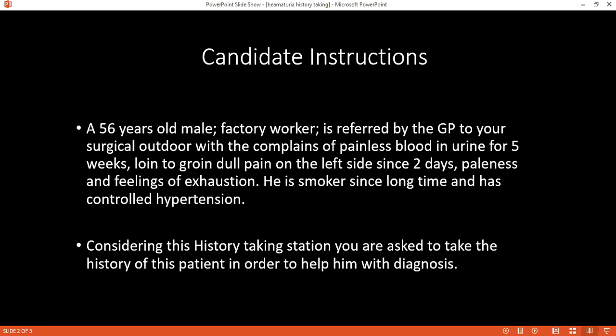Is there any unintentional weight loss you have noticed? Yes, I noticed that I've been losing weight, doctor. Can you tell me a little bit more? How many kilos, for how long? I noticed that my clothes that I used to wear don't fit me very well. They are loose now.